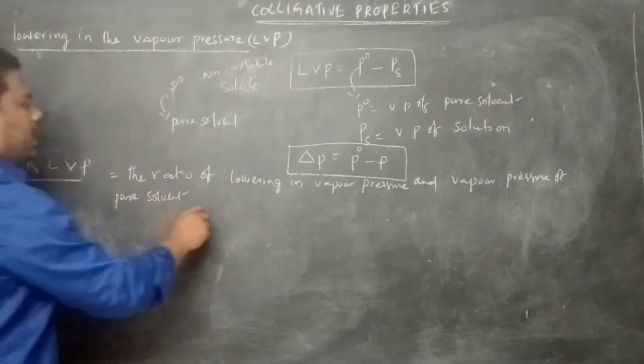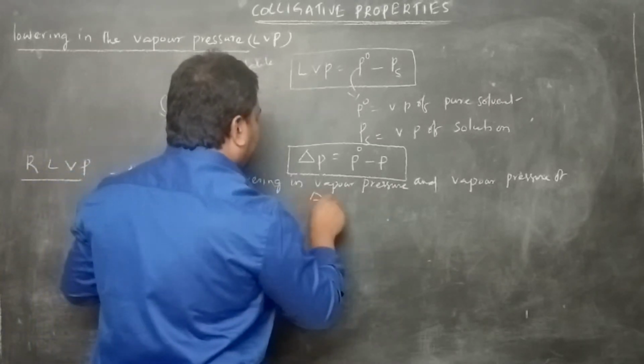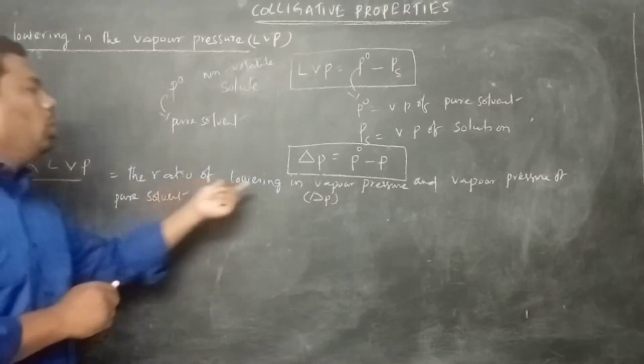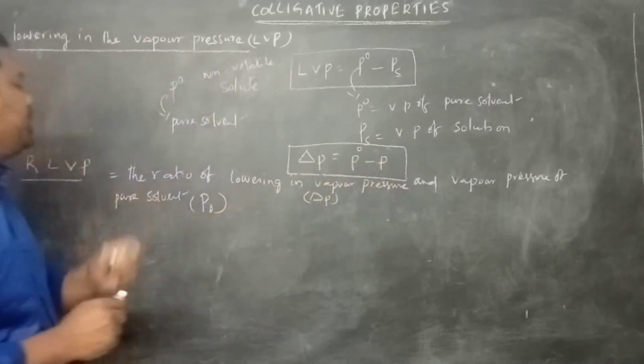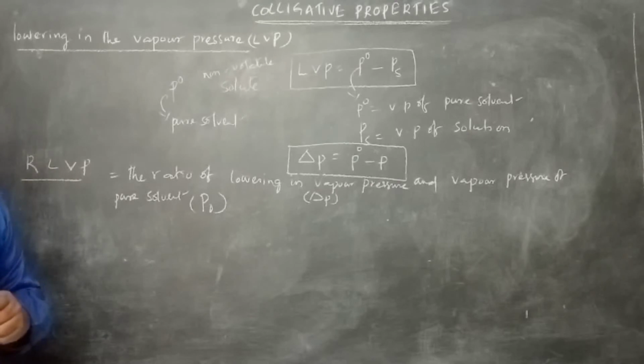That is P naught, and this is delta P. So the ratio of lowering in vapor pressure, delta P, and vapor pressure of pure solvent is called relative lowering in vapor pressure.